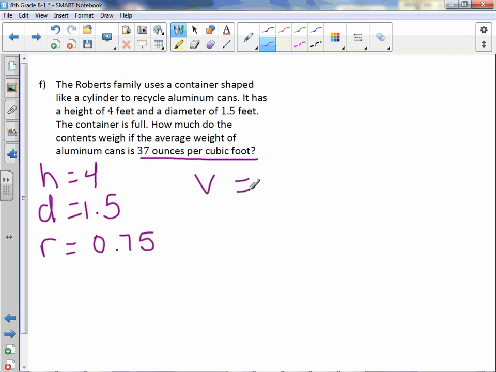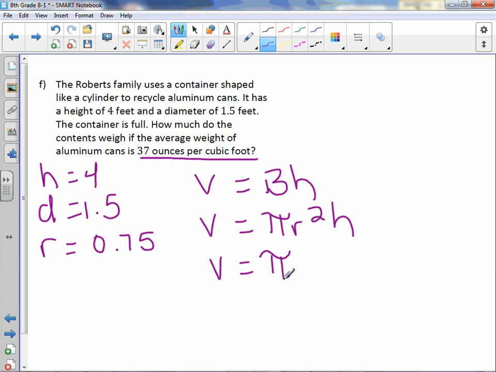So volume equals big BH. Volume equals pi r squared h. Plug it in. Pi is pi. Our radius is 0.75, square it. And our height is 4. And plug them into your calculator.